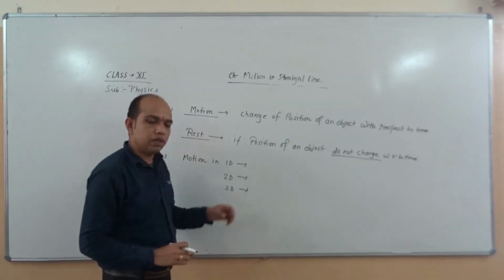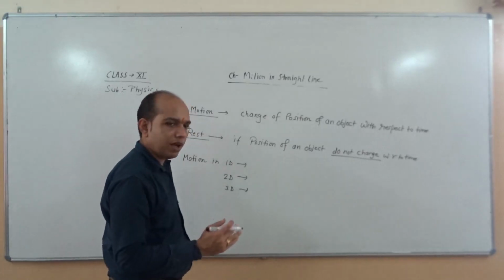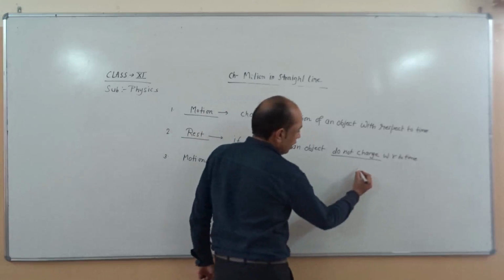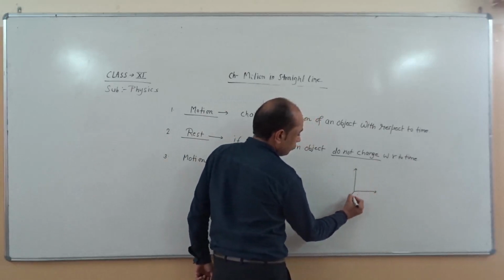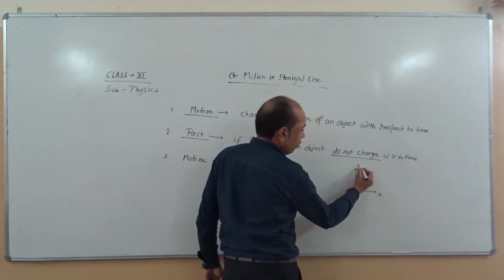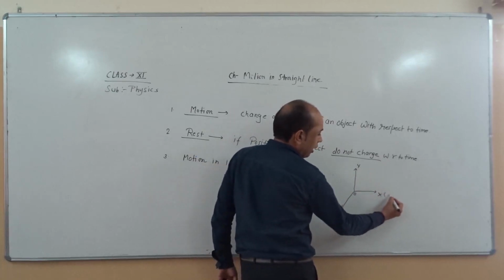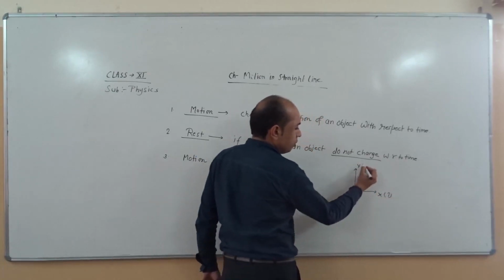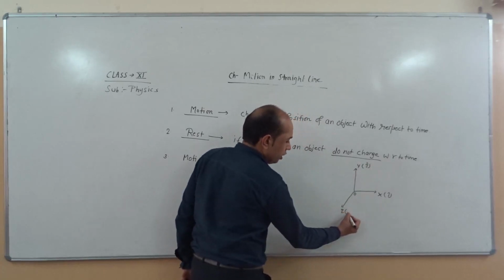As we all know, there are three axes, we can say three coordinates, x, y and z, with respect to the origin. With respect to x, i is the position vector. Similarly for y, j is the position vector, and for z, k is the position vector.